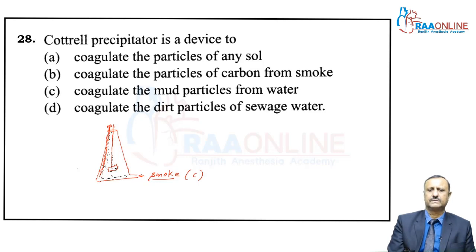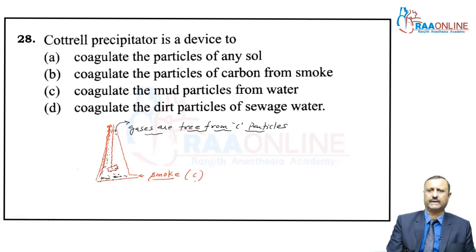Here you can see most of the dust is present, and you can separate this dust, and these gases are free from carbon particles. So, my dear students, there is no pollution.